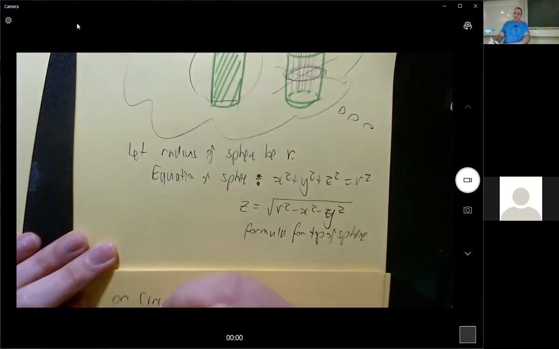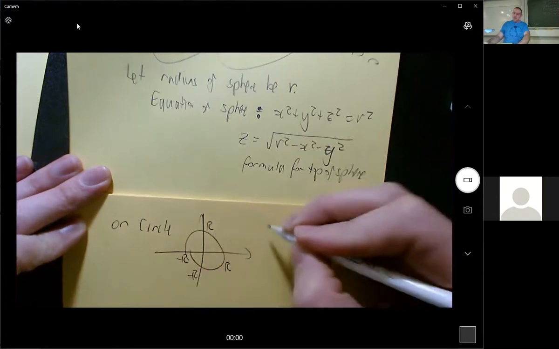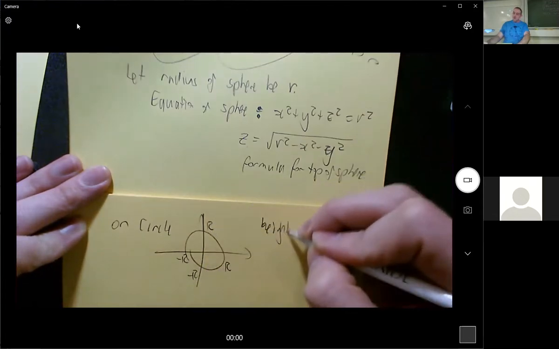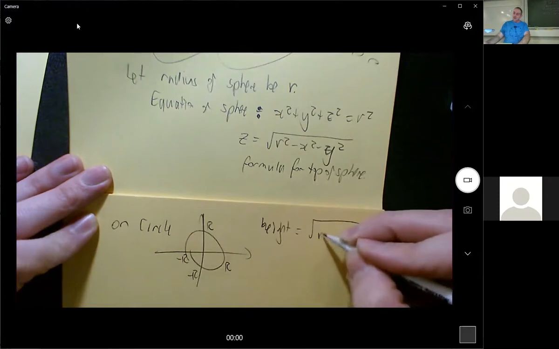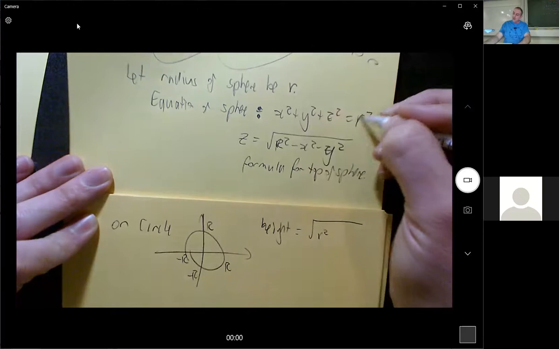So on this circle, which has radius r, the height is this. Oh crap, I've called it capital R now. I will call it capital R, sorry.